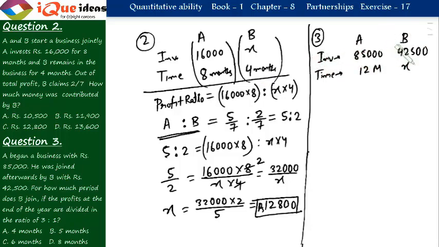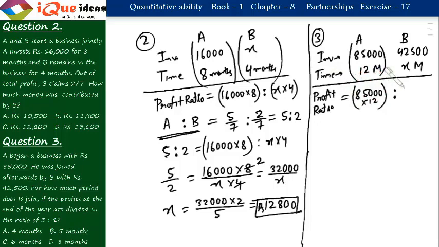When it comes to profit ratio, how do we calculate profit ratio? To calculate profit ratio, you need to multiply the investment and time for each person. So it is 85,000 into 12 is to 42,500 into X. Alright.